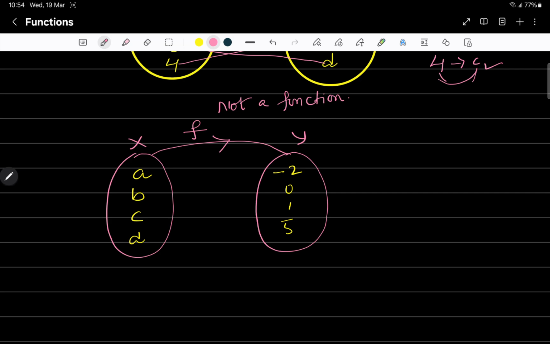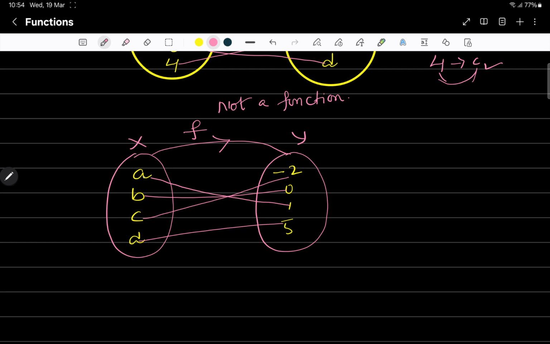Now the relation between these two groups I am defining like this. A having relation with 1, C having relation with -2, and D is having relation with 5, and B is having relation with 0.